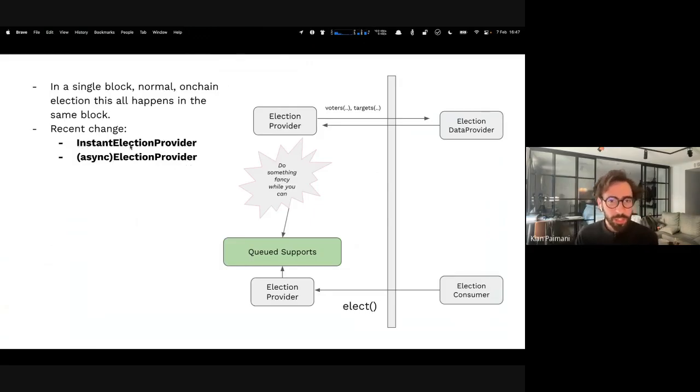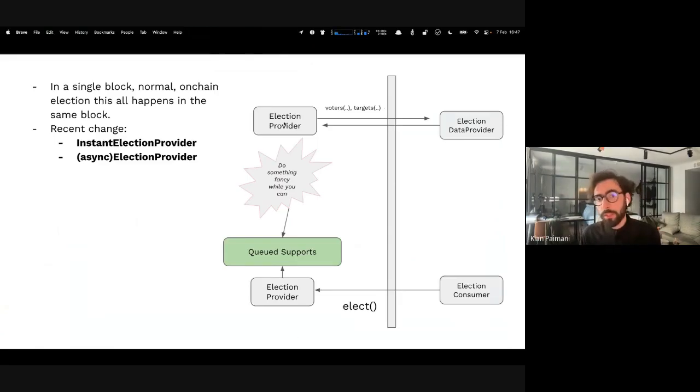And quite recently, I made this a supertrait of another one called instant election provider, where we only assume that election happens right now. But again, going back to the general abstraction, we assume asynchronicity here: the election data needs to be known way ahead of time when the call to this elect function happens.